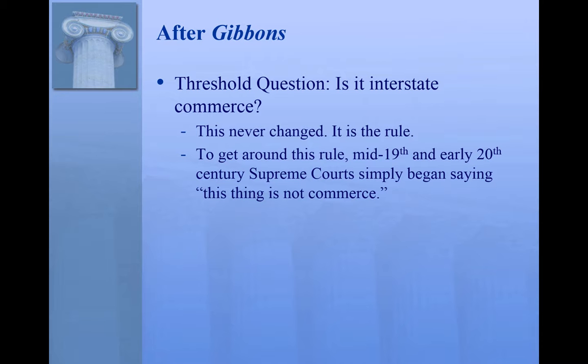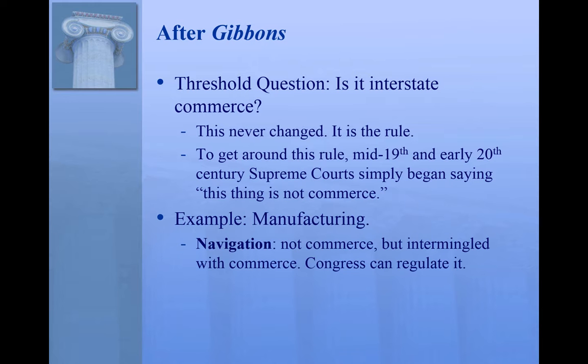You don't say, well, it's commerce, but we don't like Congress regulating it. You just simply say, no, this is commerce and this is not. And that's what happens. For example, manufacturing. Now, we know that navigation is not commerce, but it is so intermingled with commerce that Congress can regulate it.